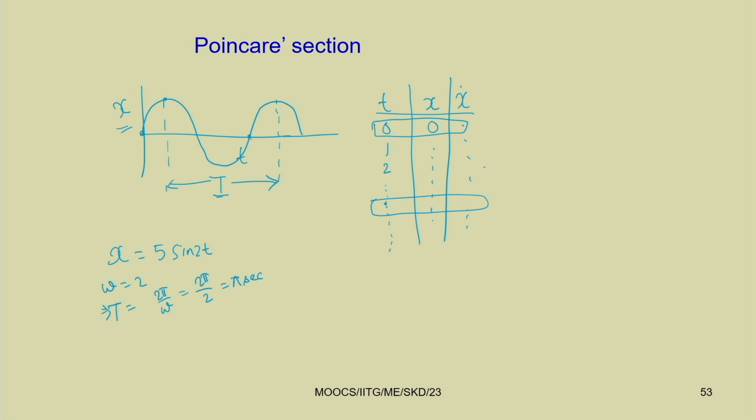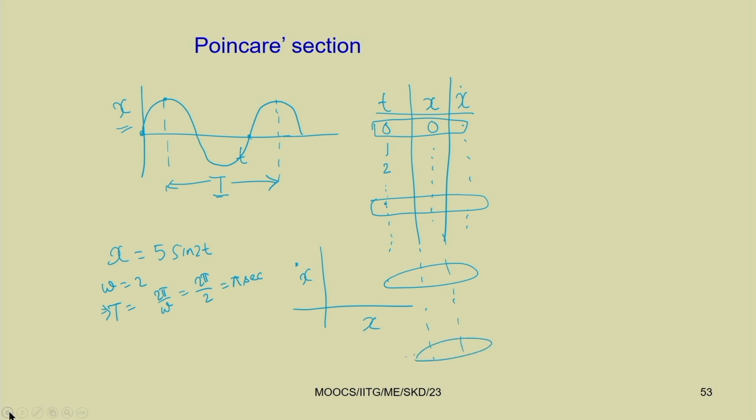Then I can find this x and x dot. So, if I plot this x versus x dot, taking all the points after one cycle, this is after one cycle, this is another point after one cycle. Similarly, you take all these points after one cycle, and what can you get?